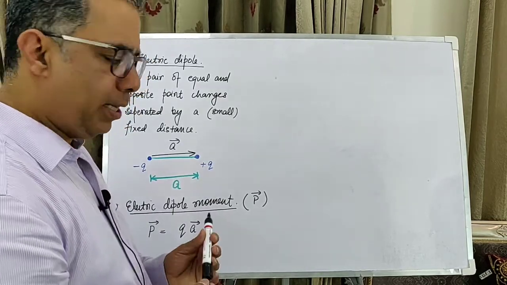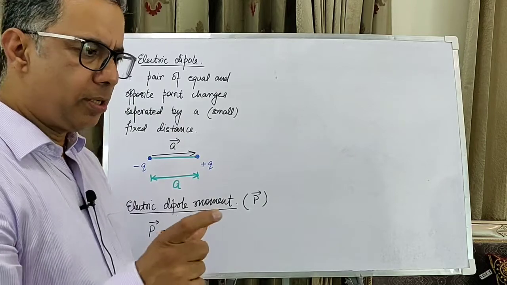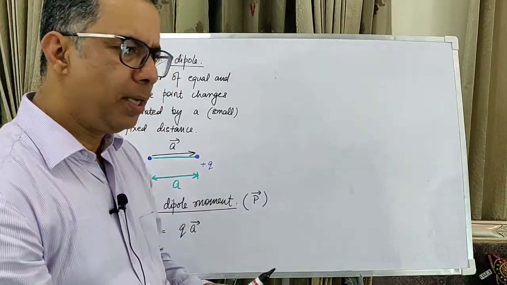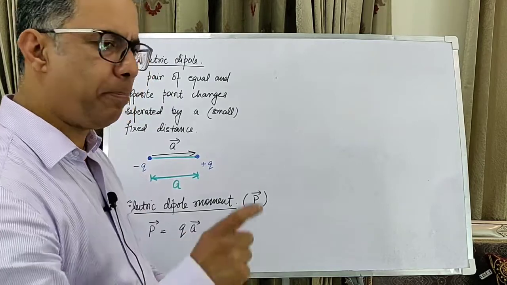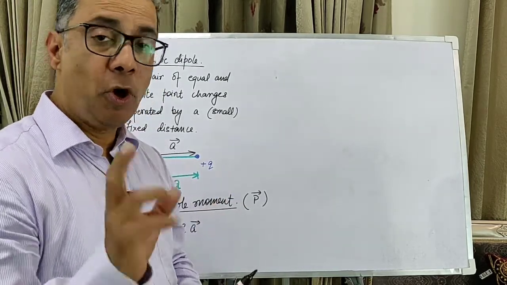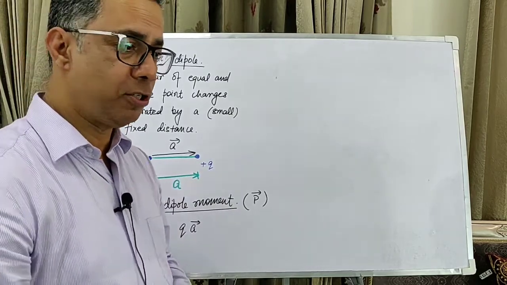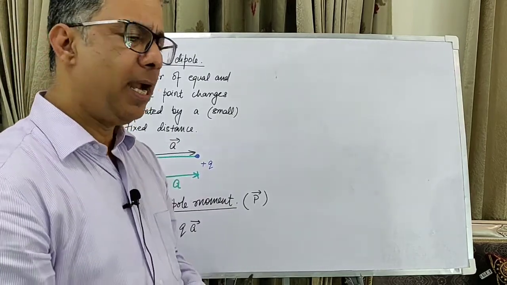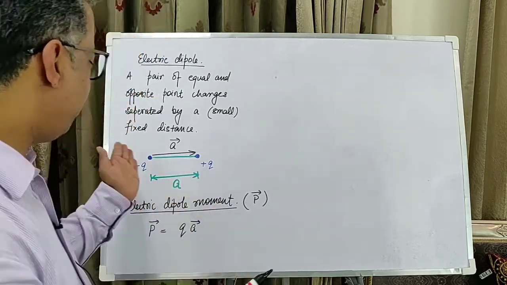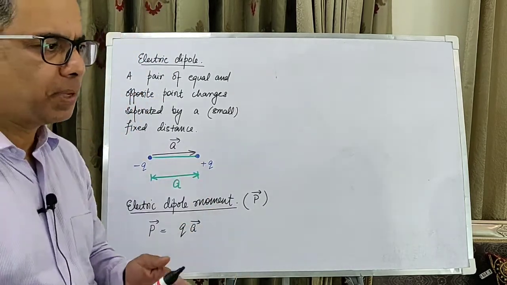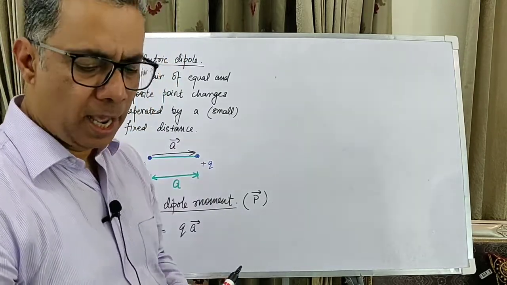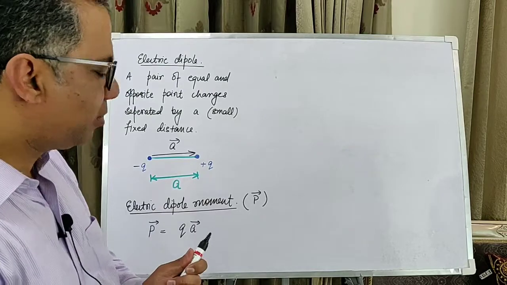How this can be done is, we just break the system up into lots and lots of pairs of equal and opposite charges, or distinct pairs, no charges should be repeated, and then for all those pairs we calculate the dipole moments using this result, and then add them all vectorially to get the net dipole moment for the entire system.